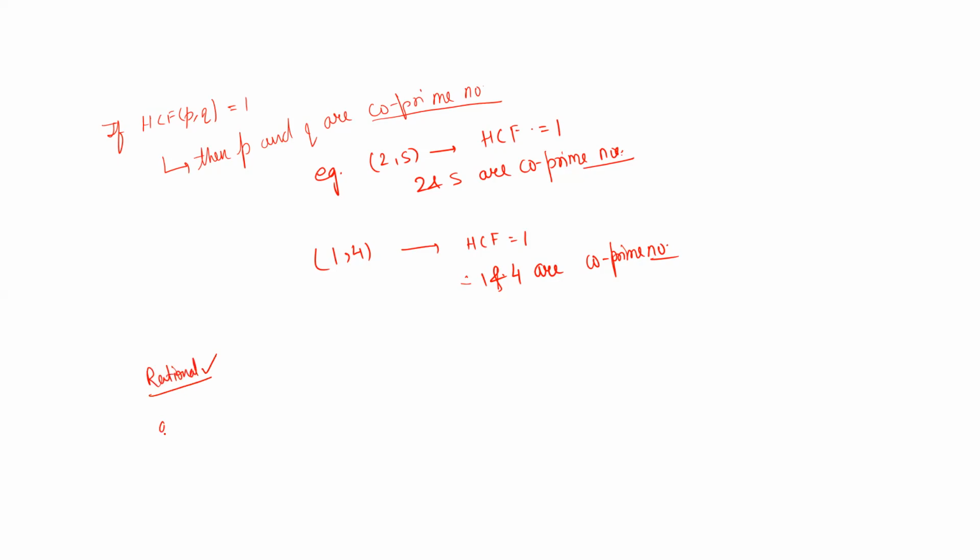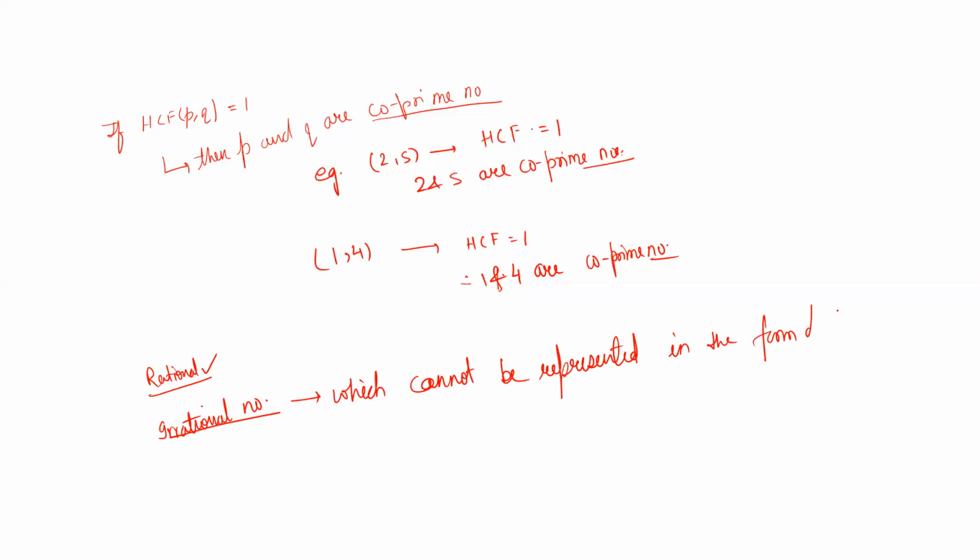Now I will go for irrational numbers. An irrational number cannot be represented in the form of p by q, where q does not equal 0.